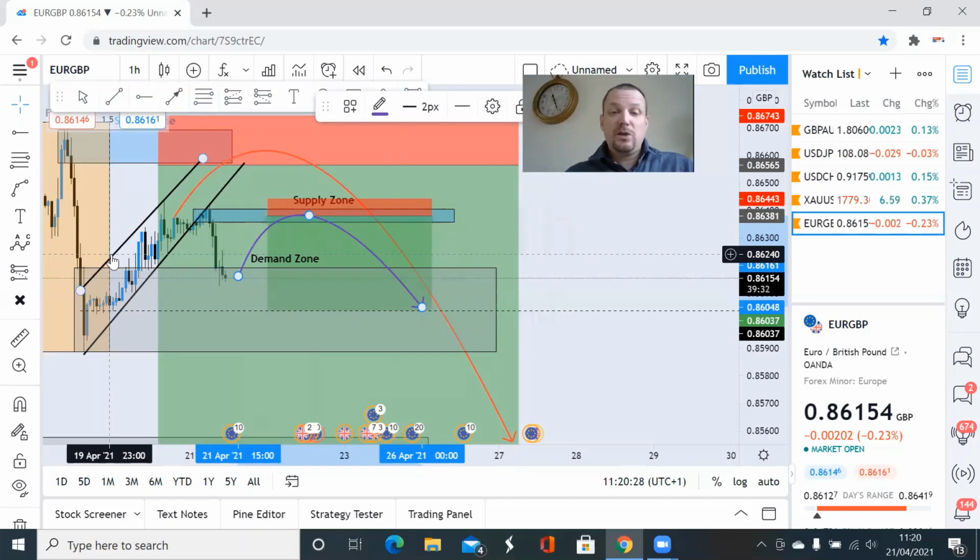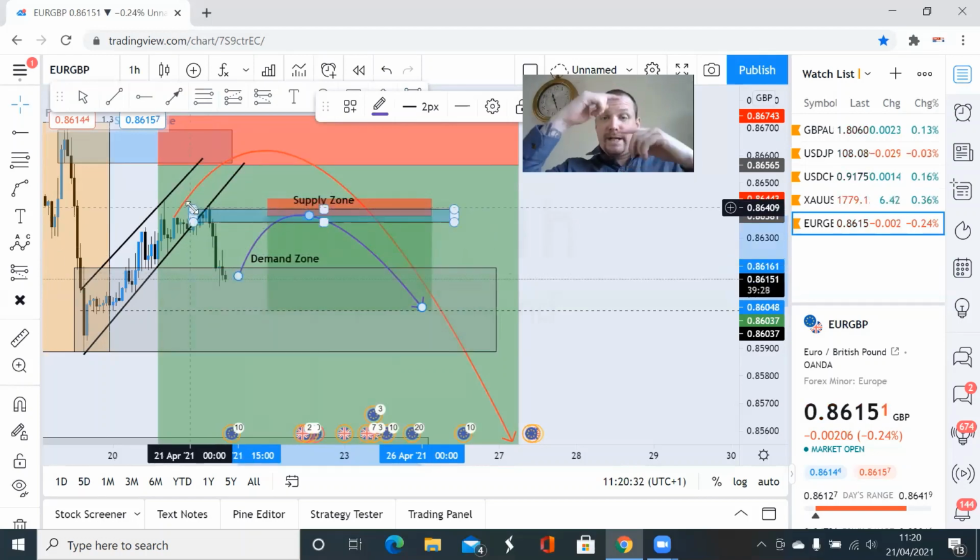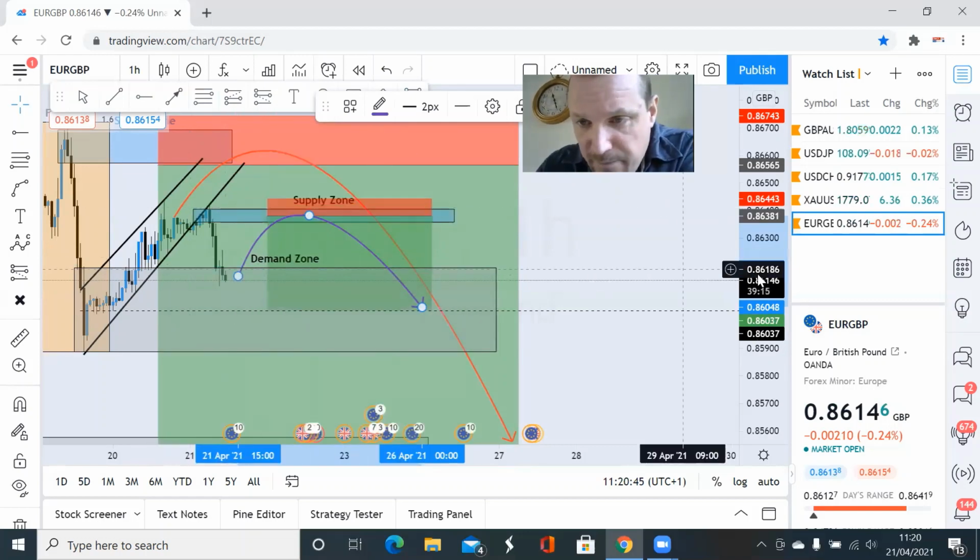Each time you create an order block, wick to wick of your last up before you're down, or your last down before you're up, each time you get to that point, it's going to get more and more tired. It's going to refine the entry to stop loss. So I'm going to leave this on here.